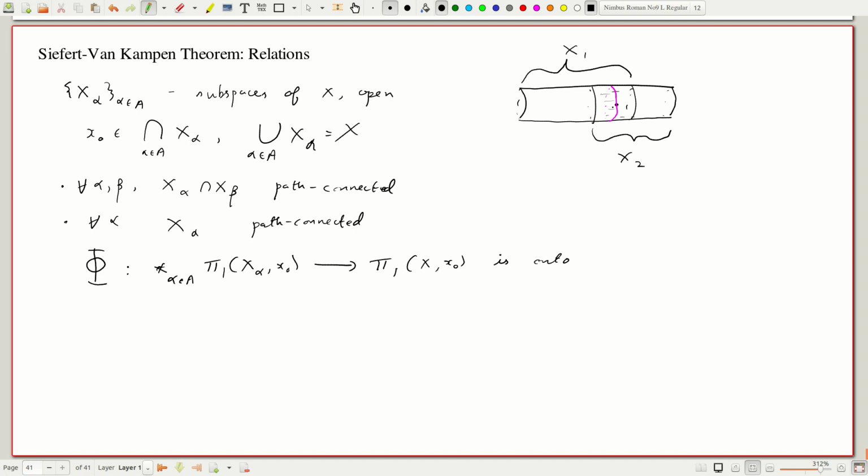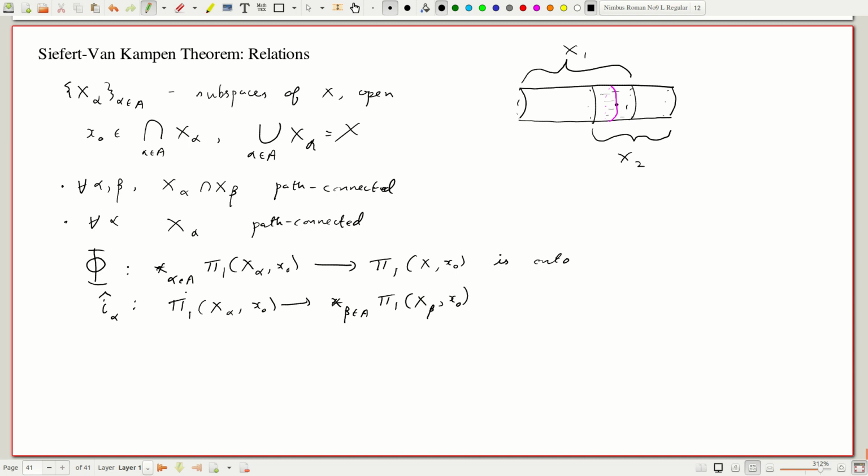And what does that relation correspond to? For that we want a little more notation. Let I hat alpha be the map which maps pi 1 of X alpha, X0 into the free product over beta in A of pi 1 of X beta, X0.